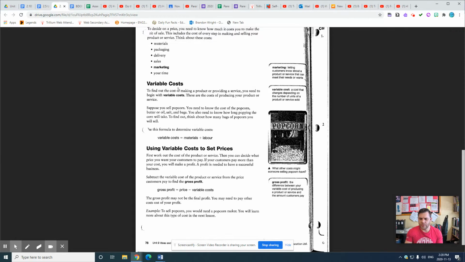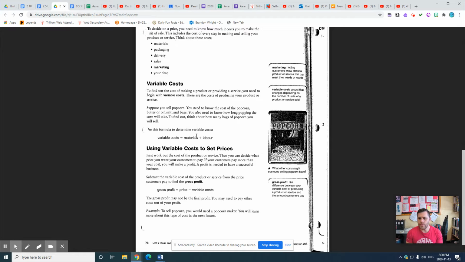Now I'm going to go into more detail about them, but think about if your business is baking a cake, the more cakes you bake, the more labor it will take to put all the ingredients together and to work the oven, but also the more materials you'll use up. So that's your flour, eggs, sugar, milk, all your cake ingredients. So variable costs are your materials plus labor.